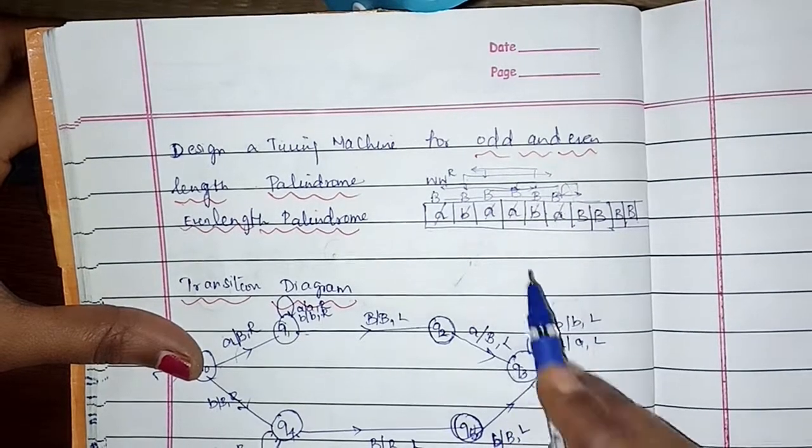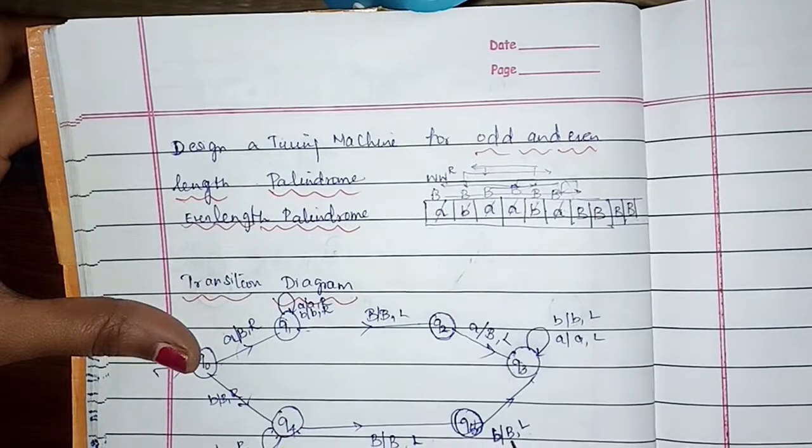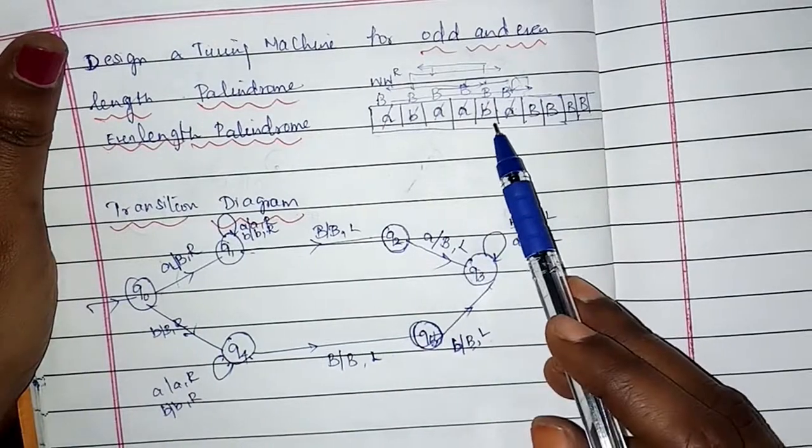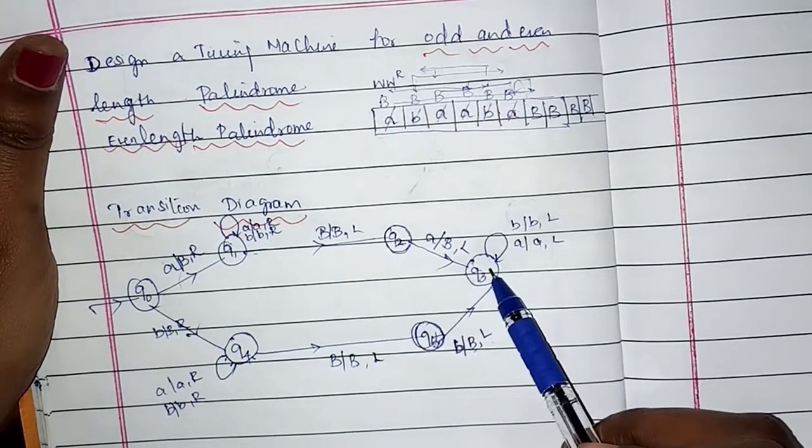So now B is changed to the blank symbol, and we go to Q3.